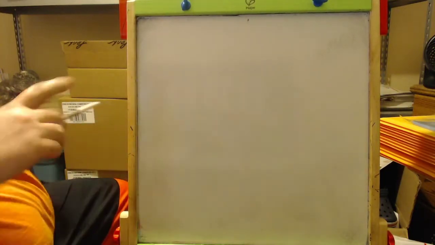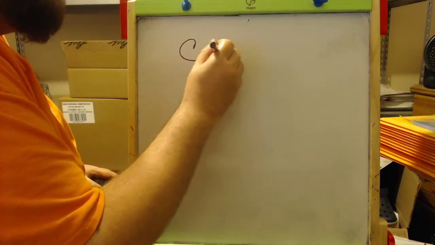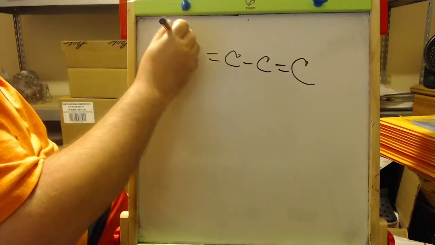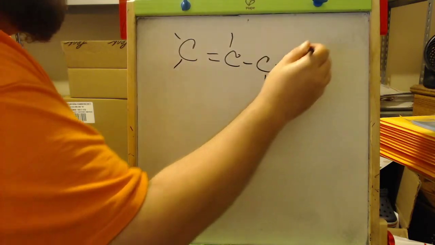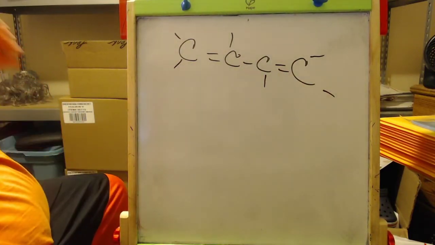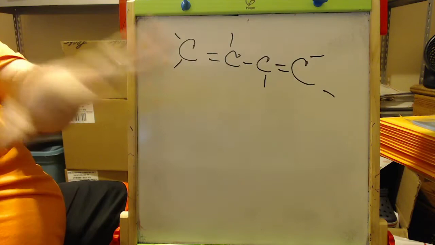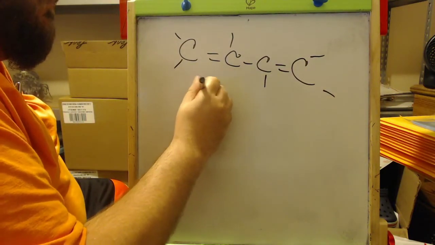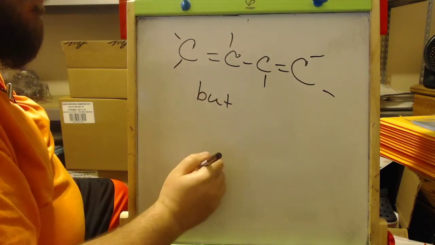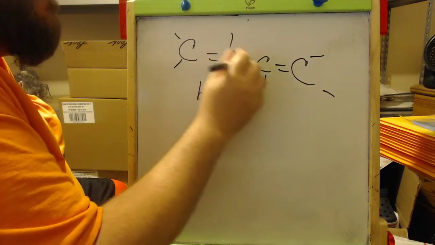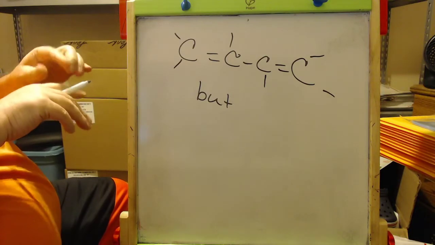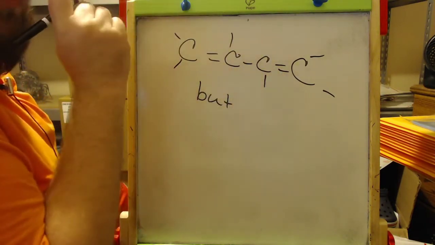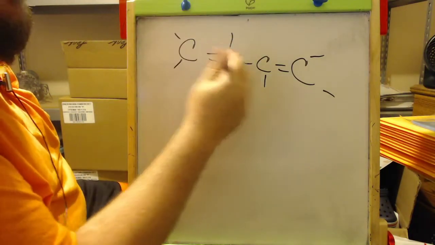Speaking of dyes and tris and things like that, let's look at this one. Before you start worrying about things, count your longest chain, 4. 4 is but-. Now, I've got 2 double bonds.